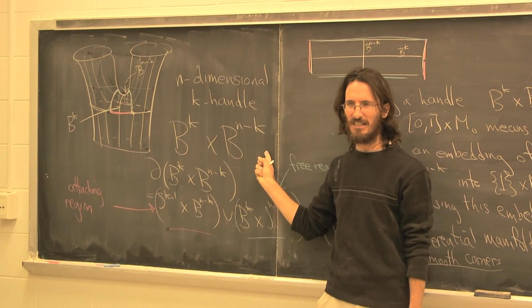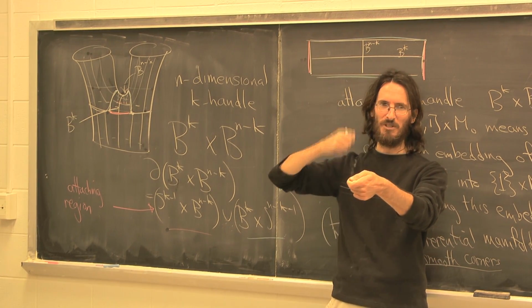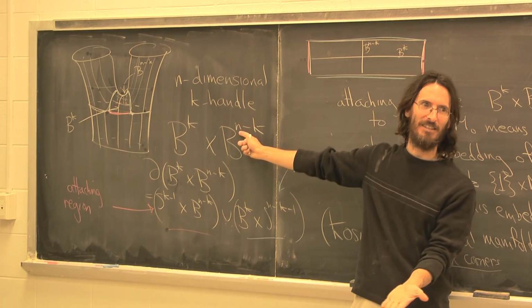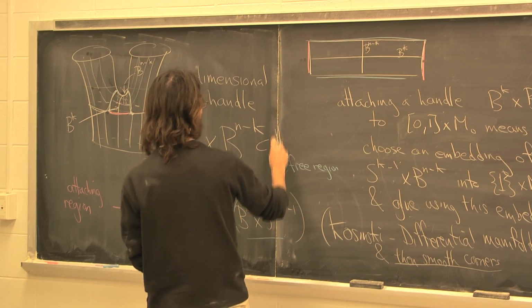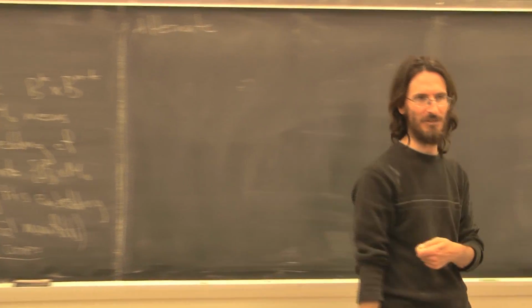This object is not in your manifold. You're setting up a diffeomorphism between your manifold and something built out of a product and this standard object. So this standard object just sits as a subset of R^n, right? Not a subset of your manifold, but then you find a subset of your manifold diffeomorphic to it.